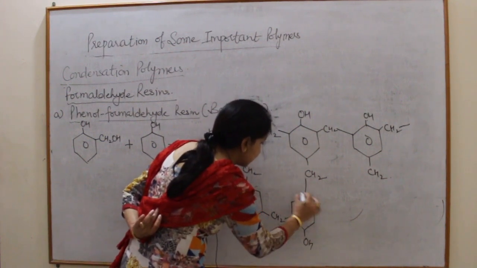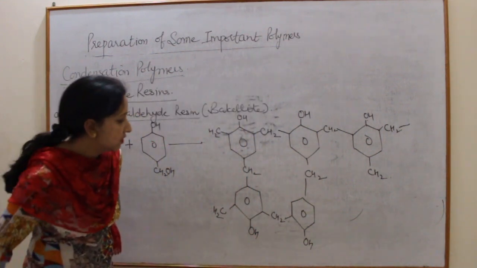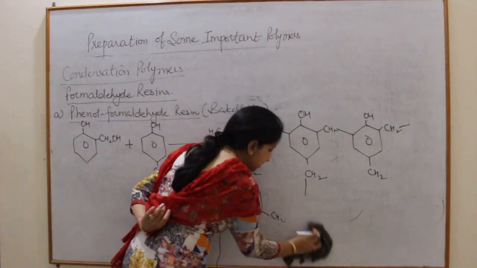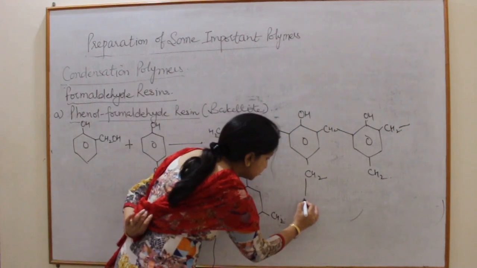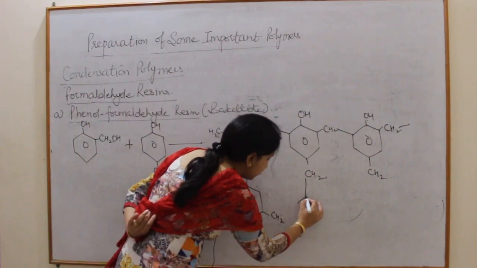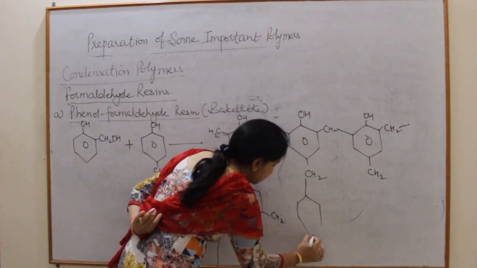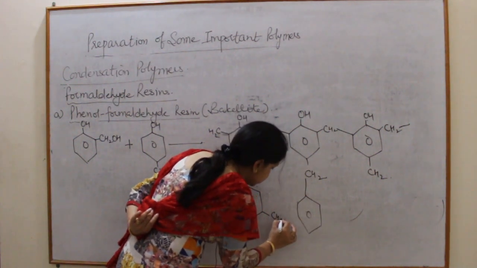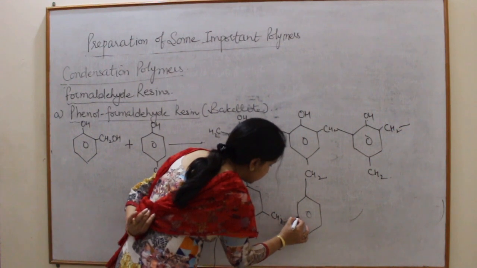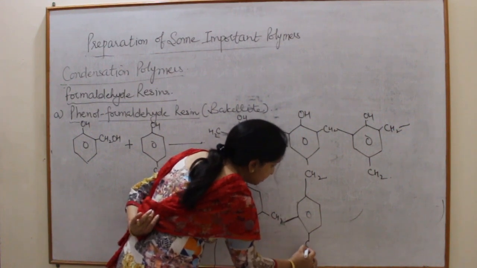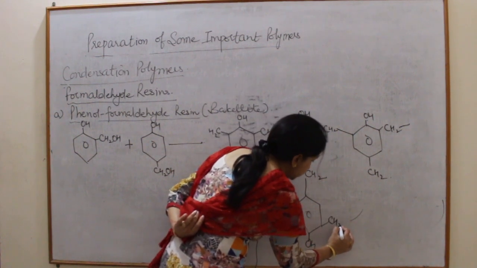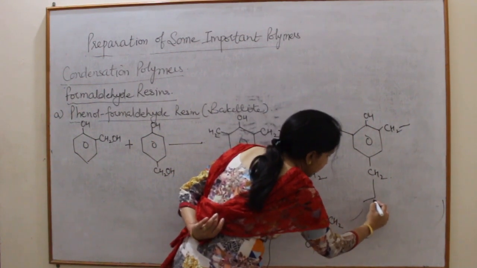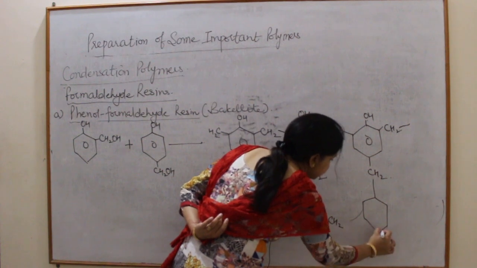We can draw it like this, for example CH2. Here we draw the ring. This CH2 is joined with this carbon, OH, again CH2, here again a ring.